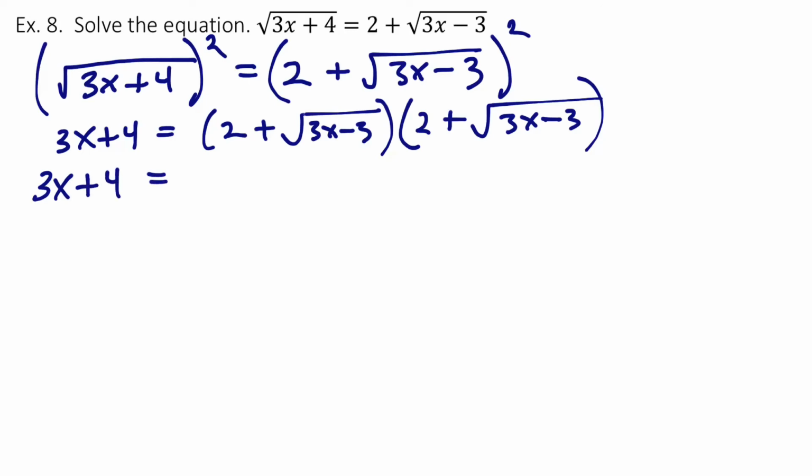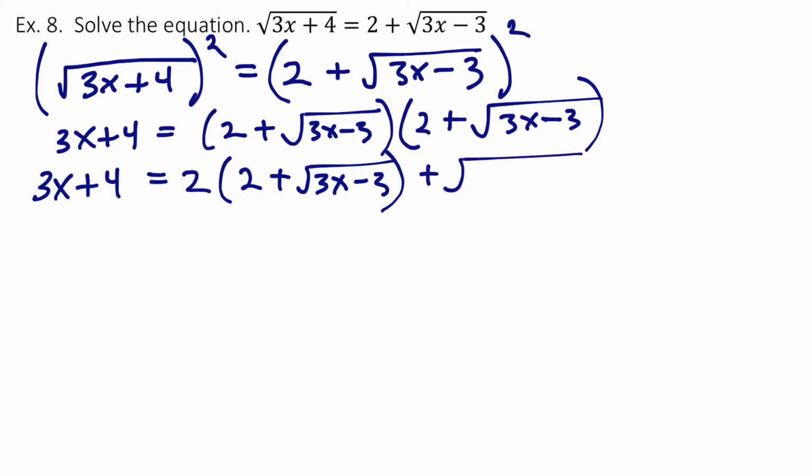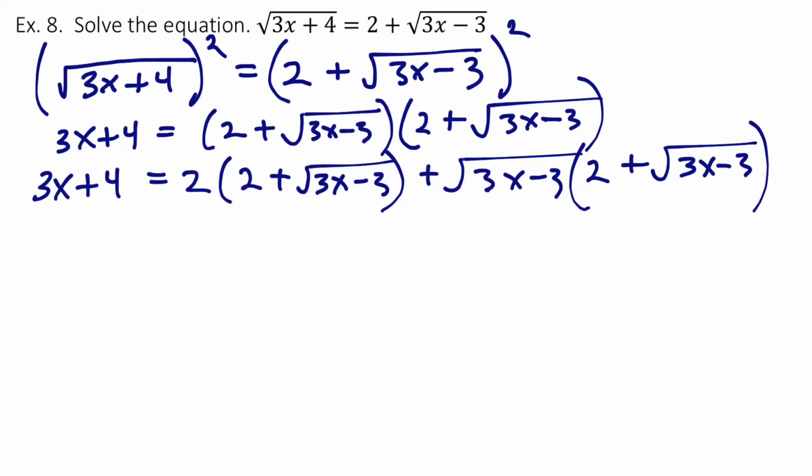I'm going to distribute. So let's write out our distributing operation carefully here so we don't mess anything up. So I recommend doing this when you're distributing something that has more complicated terms in it. All right, so I took 2 and I distributed to this binomial here.